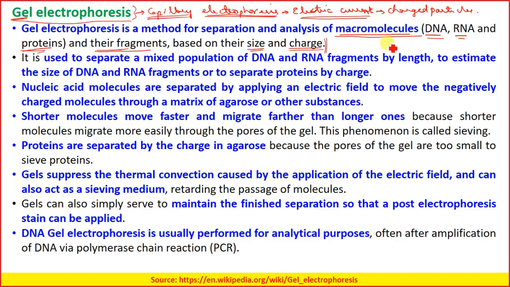I mean to say, suppose you have a smaller anion A minus and a bigger anion A minus, then the movement made by the small anion will be a larger distance as compared to the larger anion particles. Okay, so based on this, we are able to separate the macromolecules.